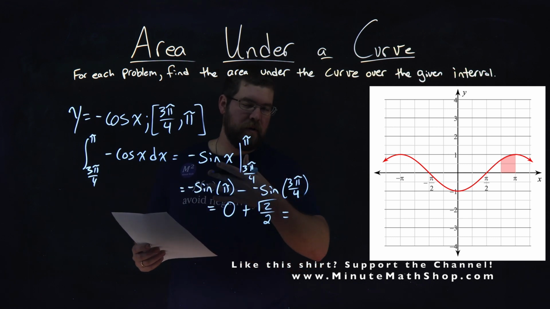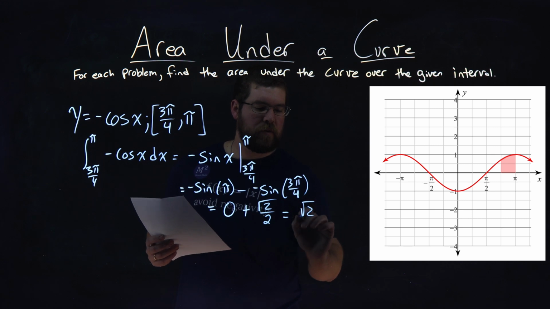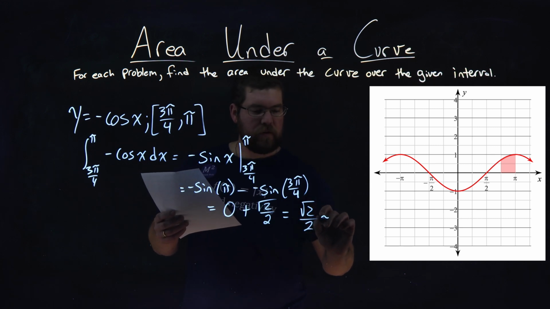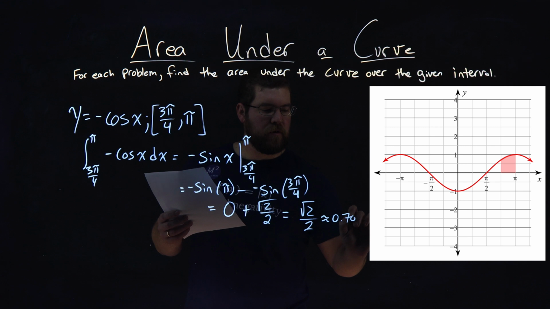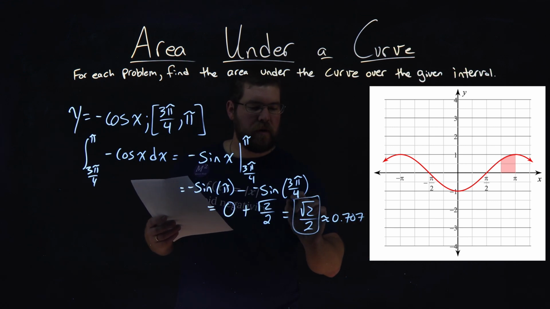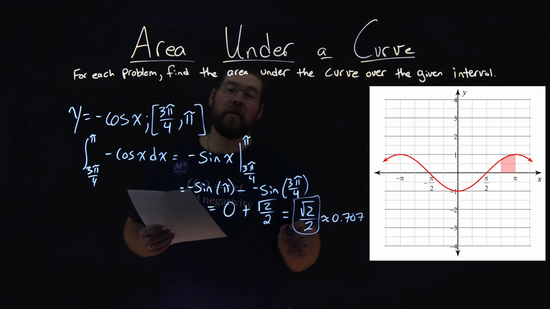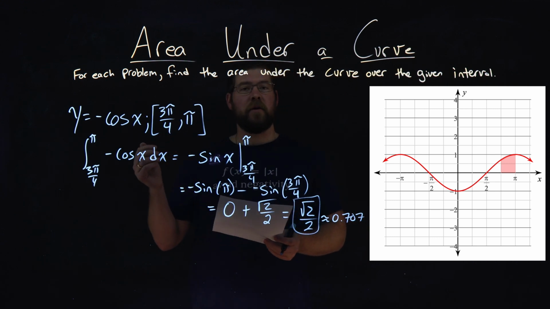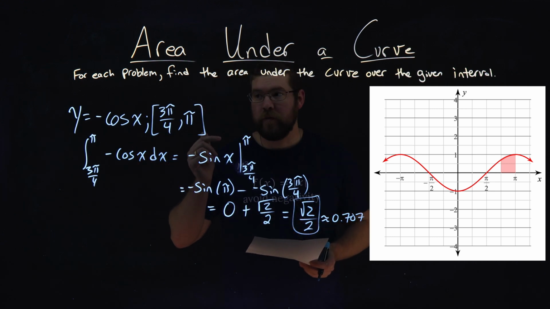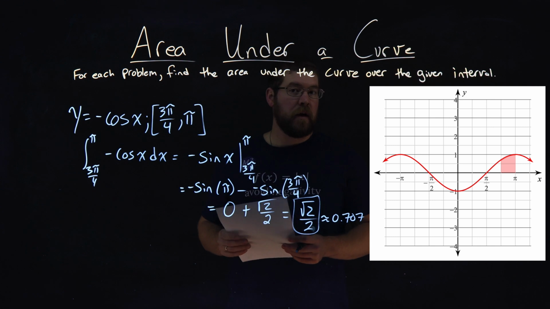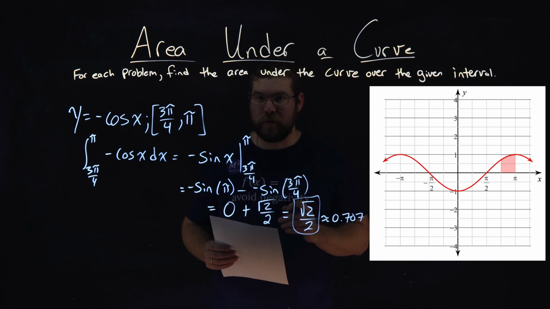This just comes out to be, adding 0, square root of 2 over 2, and as a decimal, it's approximately 0.707. Either way, we have our final answer for the area under the curve of negative cosine of x on the interval from 3 pi over 4 to pi, which is square root 2 over 2.